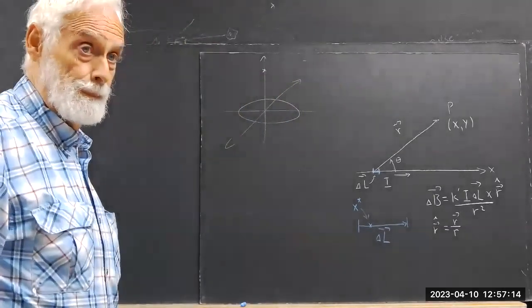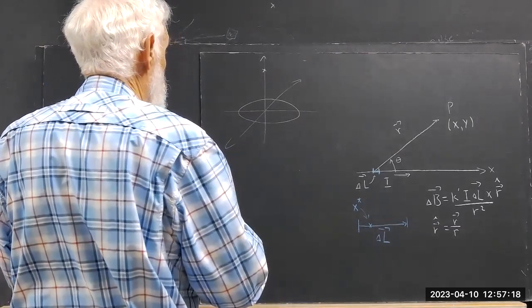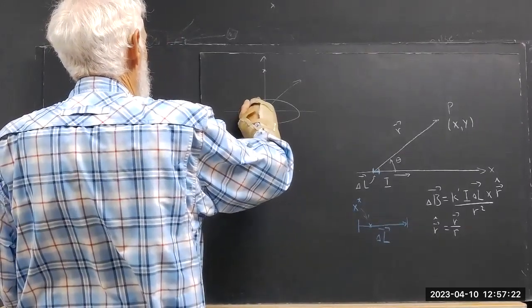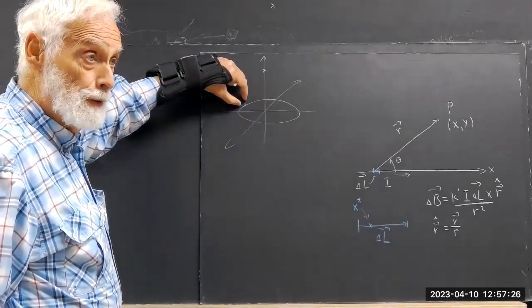Here's a point, maybe this little piece of chalk, that defines a small segment of the circle.